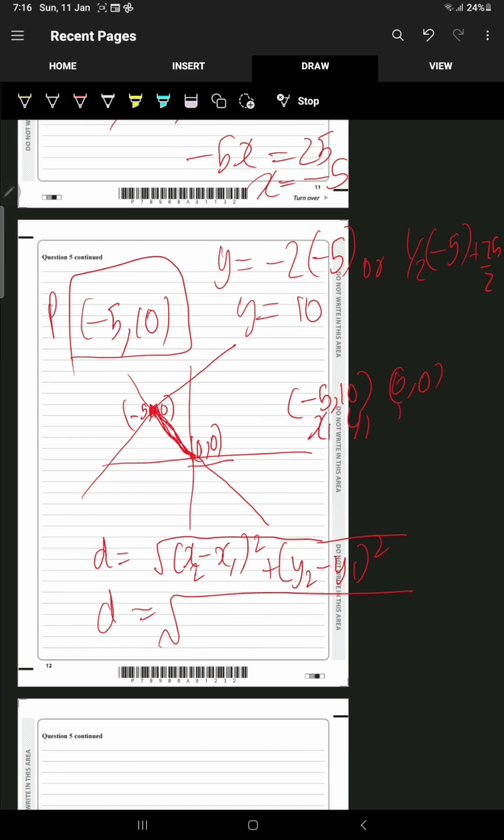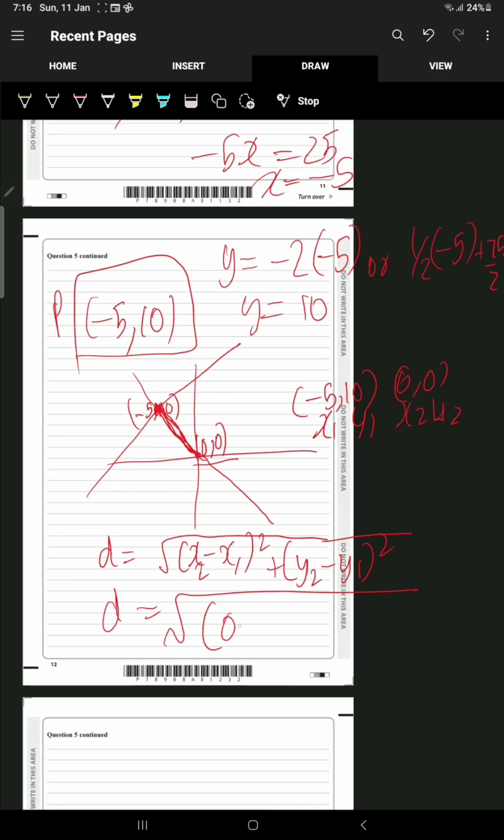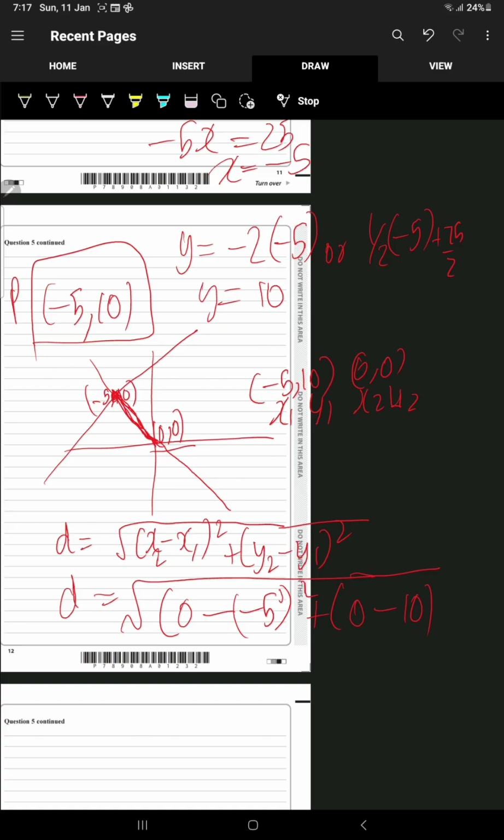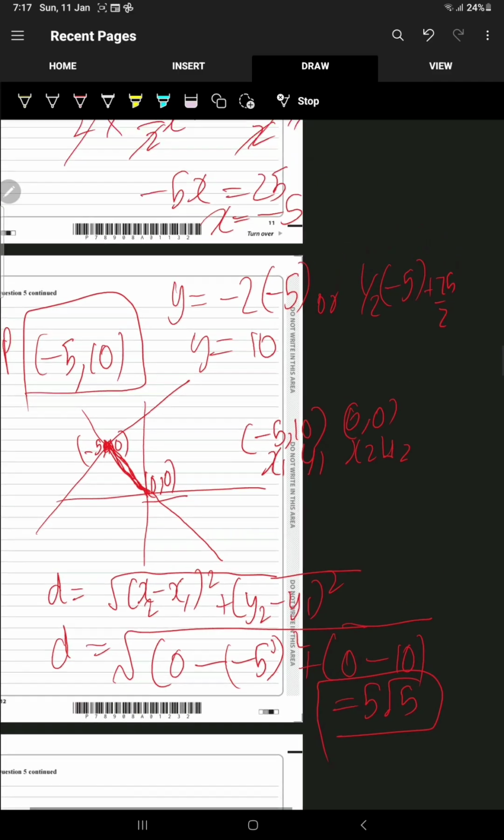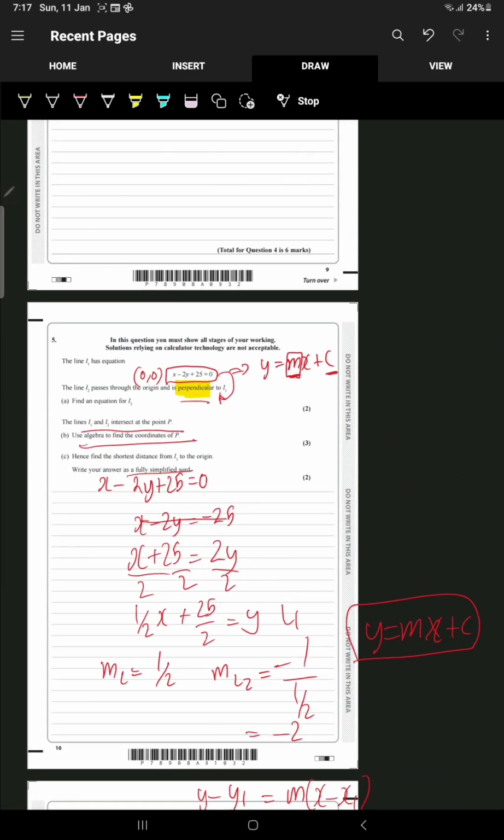Label this x1, y1, x2, y2. x2 is 0 minus minus 5 squared, and plus y2, which is 0 minus 10 squared. Now you have to sub this into your calculator. 0 minus minus 5 squared plus 0 minus 10 squared is going to give us 5 root 5, and we need this in surd form, fully simplified surd.